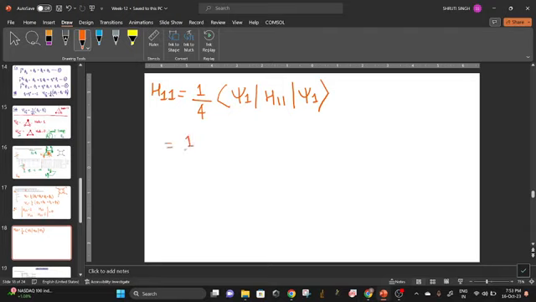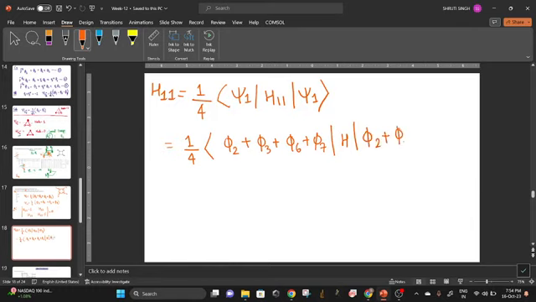So it will be H, sorry, H only, the interaction Hamiltonian, and then again psi 1.